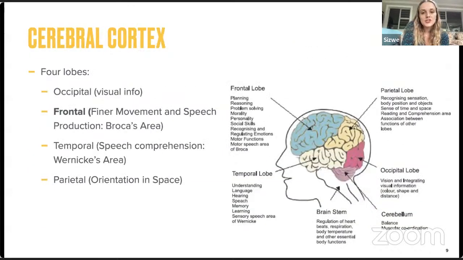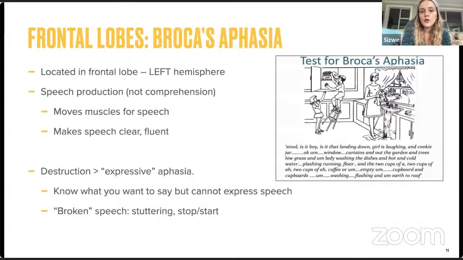Remember, comprehension is the temporal lobe. And in the frontal lobe, specifically in Broca's area, is speech production. So making my mouth move, making my vocal cords do their thing, all of that stuff. That is Broca's area.